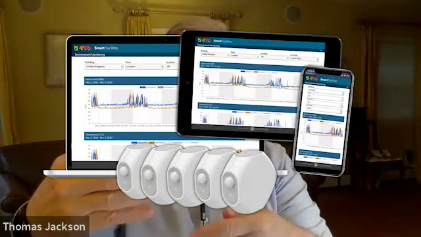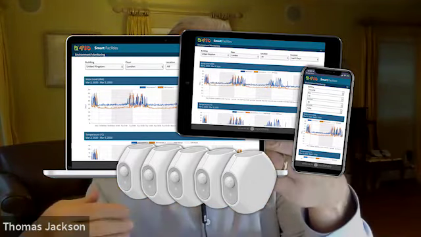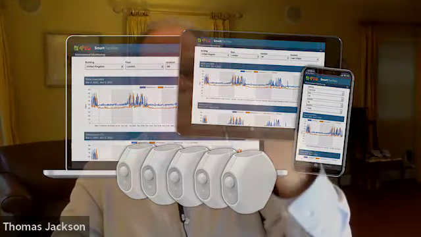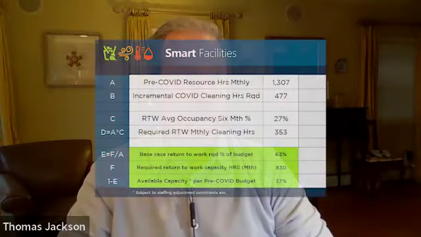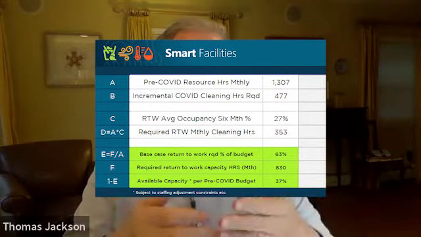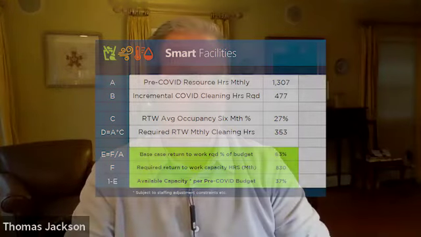If the utilization rate is 20% or 30% of that initial budget number, and your incremental cleaning is only 10%, that initial capacity reduces from 100% to 20%, and then you add that 30% on top of that, and now they're only at 50% utilization of the space, including the incremental cleaning. So I call that the value equation, and it's a pretty straightforward idea, and we talk about that when we make the C3A assessment tool available to people.